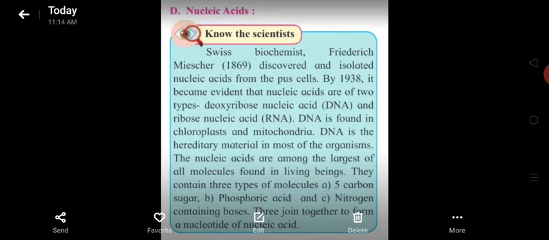Scientist Erwin Chargaff in 1950 showed that pyrimidines and purines always occur in equal amounts in DNA, a 1:1 ratio.